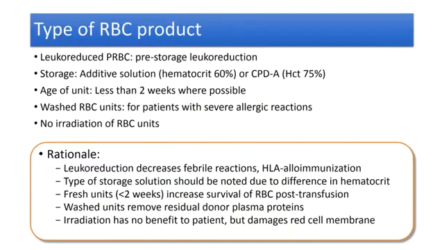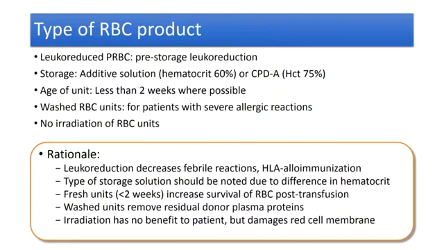The type of RBC product should be leukoreduced at pre-storage time, and the storage solution is either an additive solution or it's CPDA. And it's important to note that the hematocrit of the two is quite different, and that needs to be incorporated into the decisions on how much volume to transfuse to younger children.